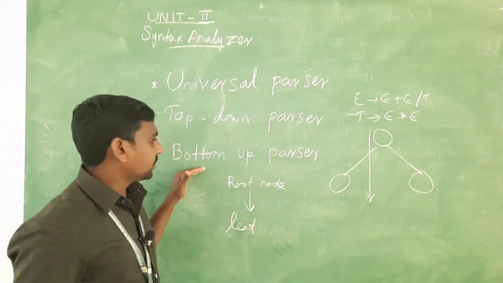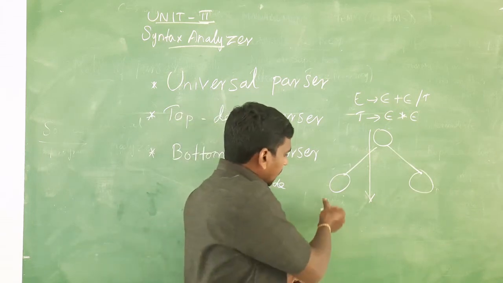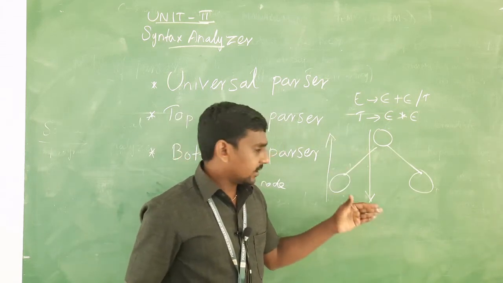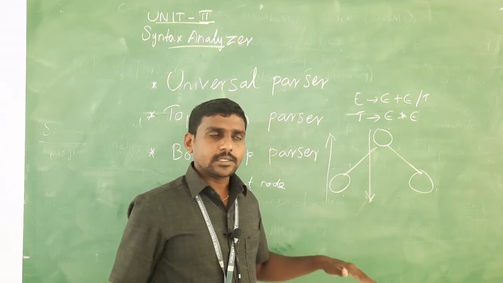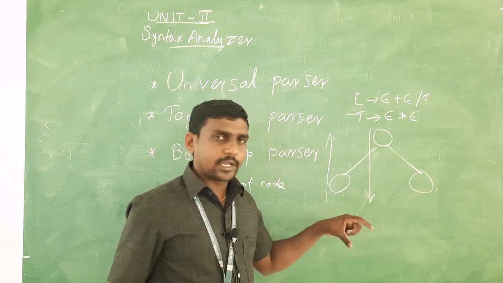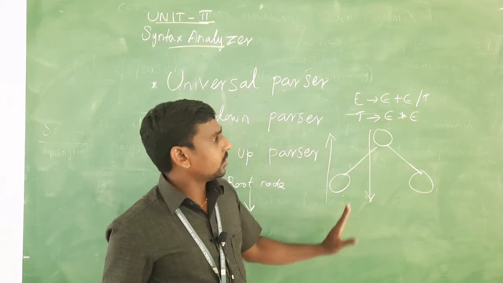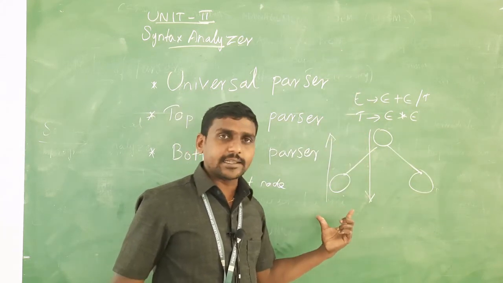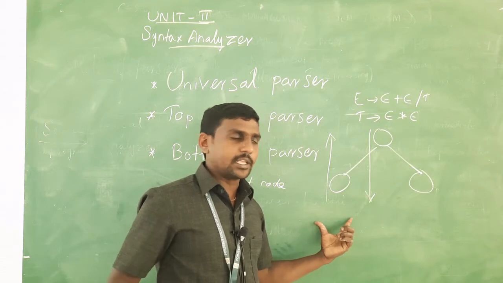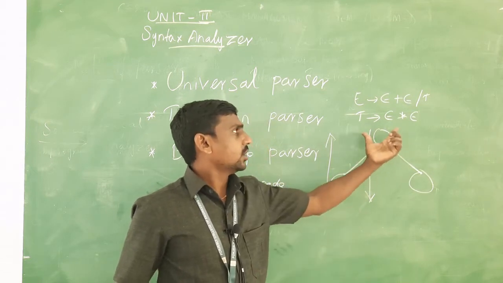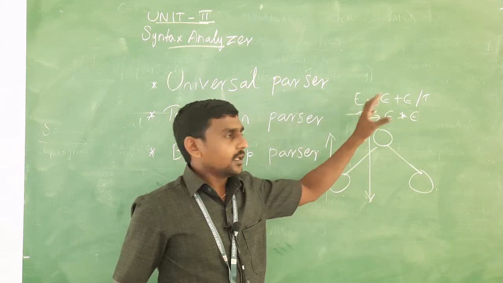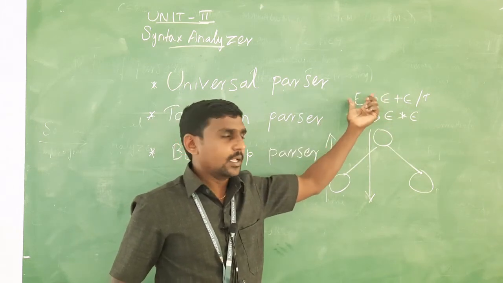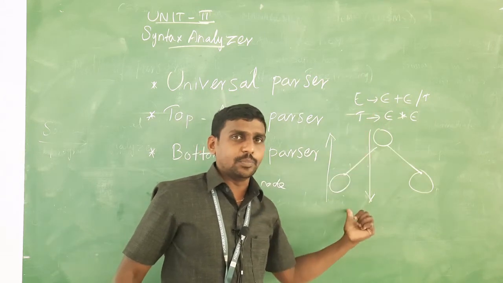And a bottom up parser is where we parse from leaf to root node. That means they will give an input, or output, and we parse from that input to the root node. We take what they have given as input, and we get the start symbol. But in a top down parser we take the start symbol, parse, and get an output.